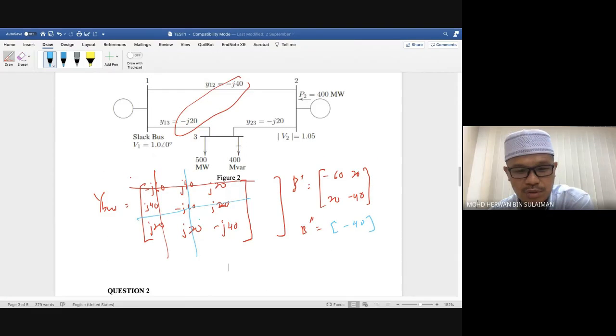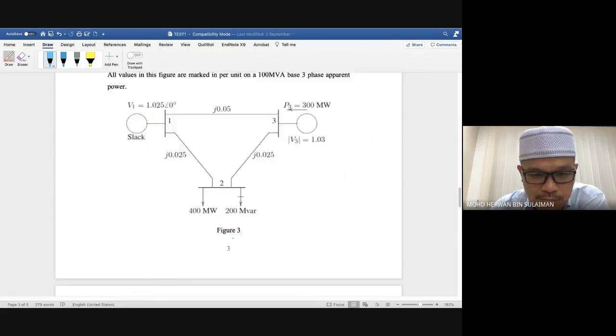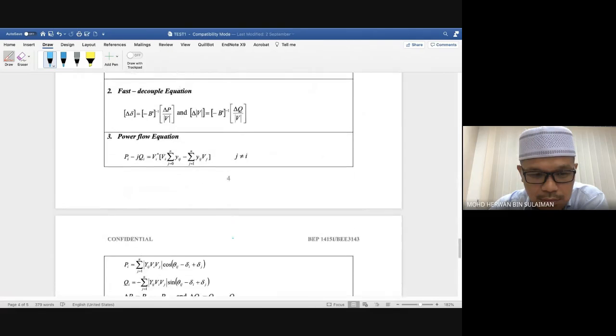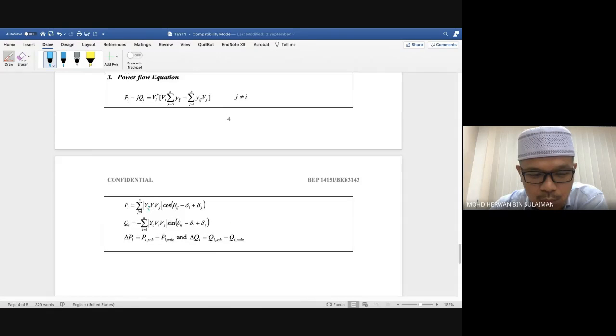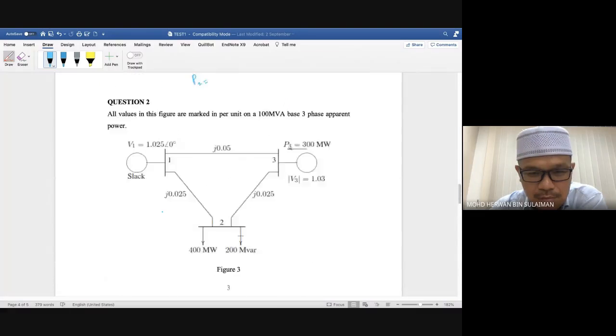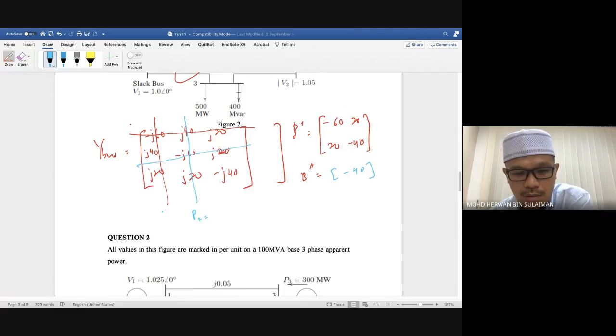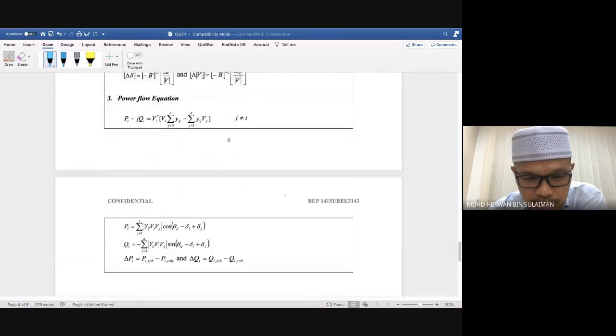So you use the equation P2 equals to this one, Y21, V2, V1, okay, itulah. Y21, V2, V1 cos theta 2 plus minus theta kan? Ingat balik, tak ingat, saya pun lama tak ingat.